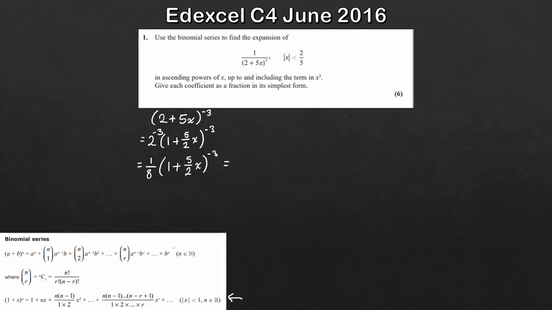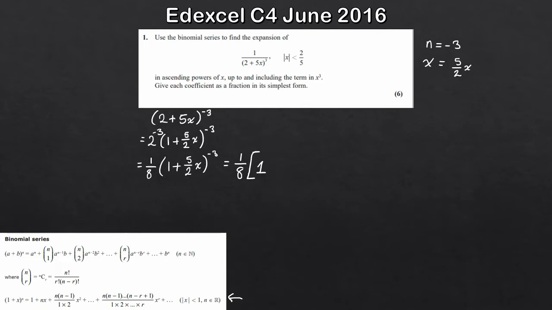So all I do now is use the expansion given at the bottom. We times the whole expansion by 1 over 8, and we're doing this up to the term in x cubed. The first term is 1. Again, let's write down n and x. n is my power, which is minus 3, and my x is simply the 5 over 2 x.